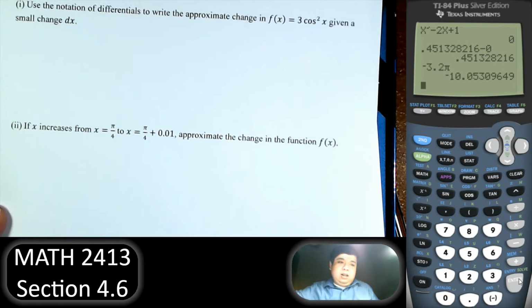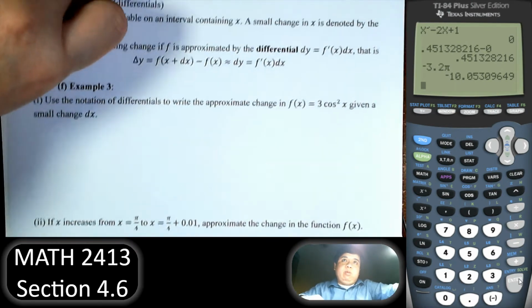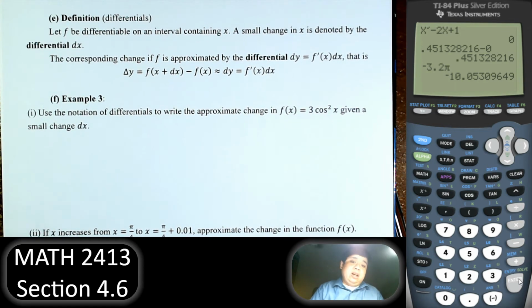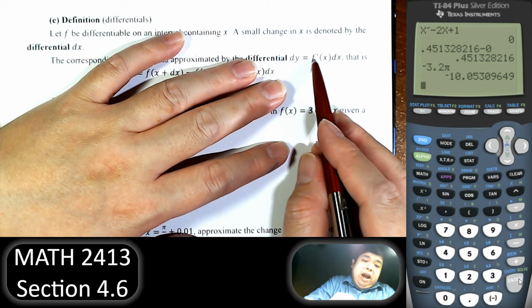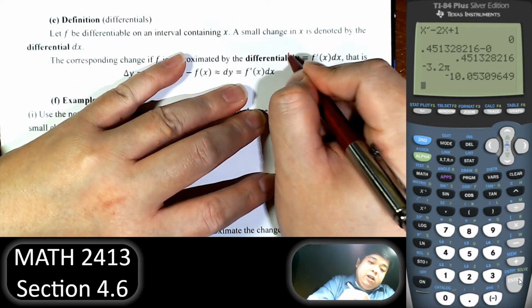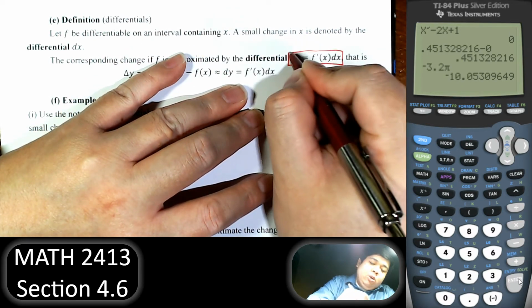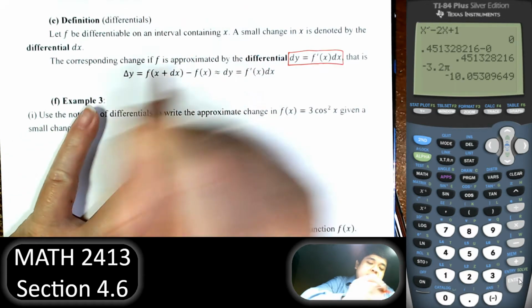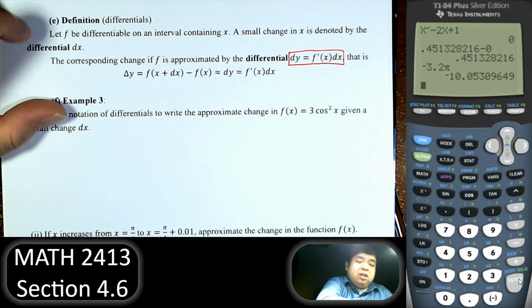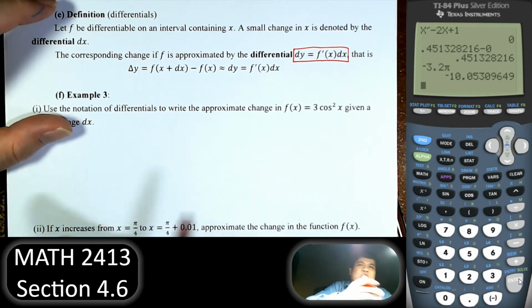Now, there's another form. Like I said, we play with the notation a lot in this section. f prime times dx, we call that the differential dy. So dy is equal to the derivative times dx. The dx is the same as delta x in this case. So we just change the notation.